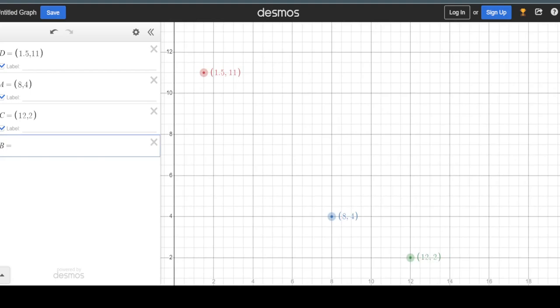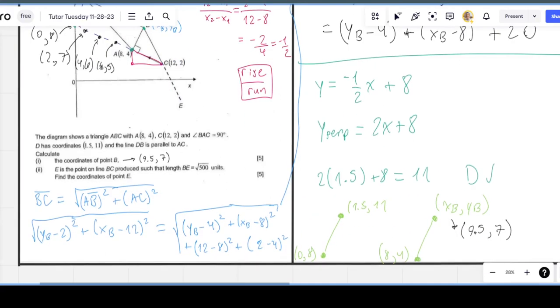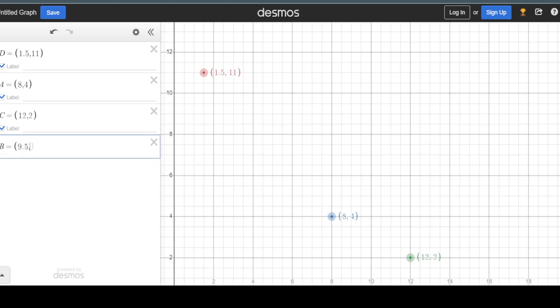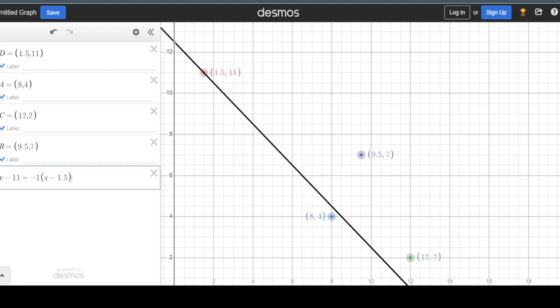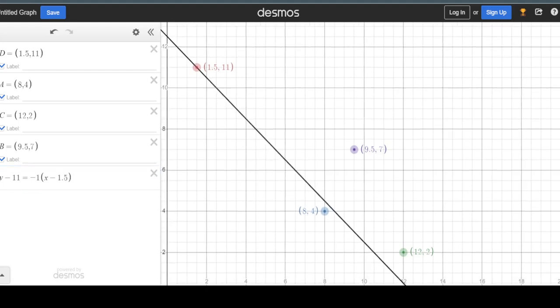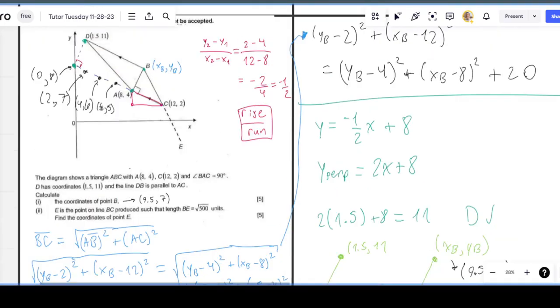What I said, yeah, I'll take a look in a sec. I'm saying B is equal to 9.5 comma 7. And you said the equation was y minus 11 equals negative 1, x minus 1.5. Okay, where did you get the minus 1 in your point slope formula?